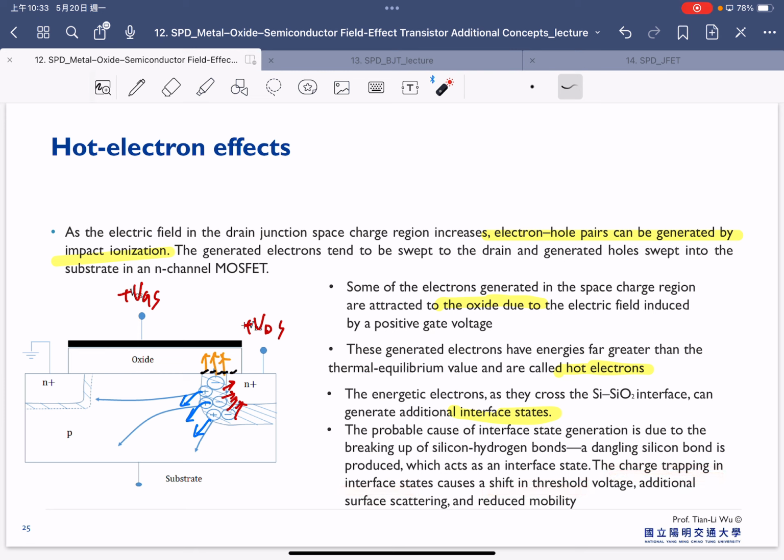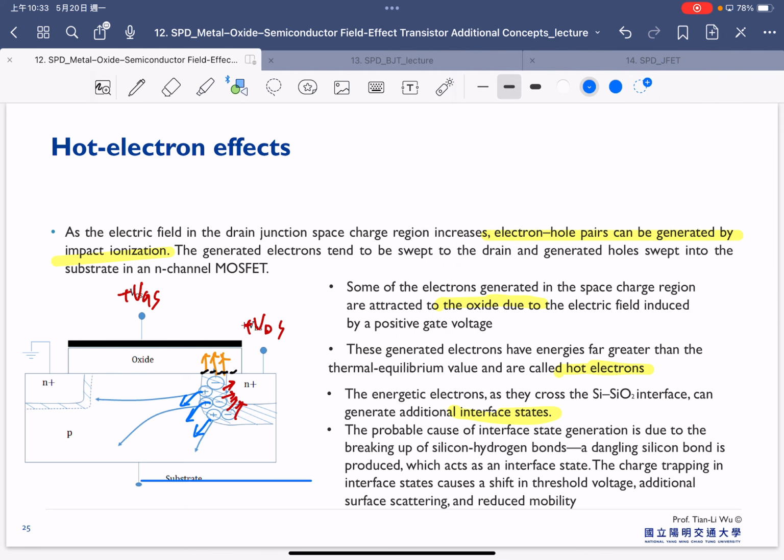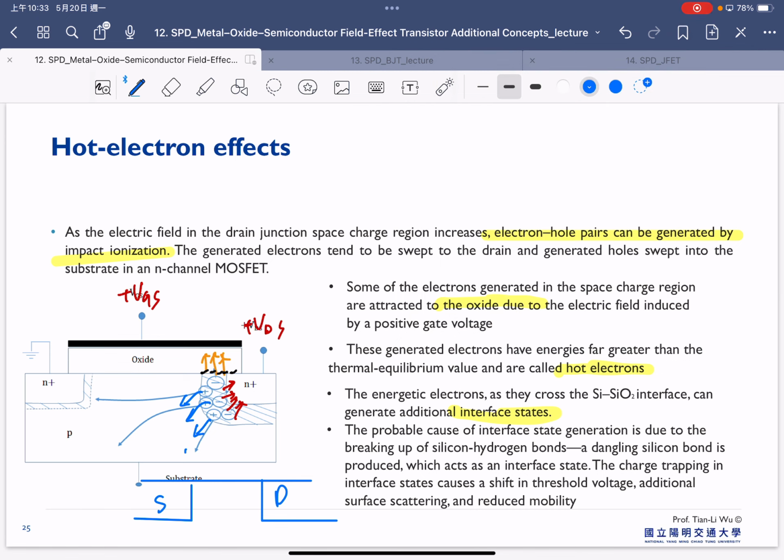So overall, the issue is that once we have the hot electron degradations, we have the high VD.